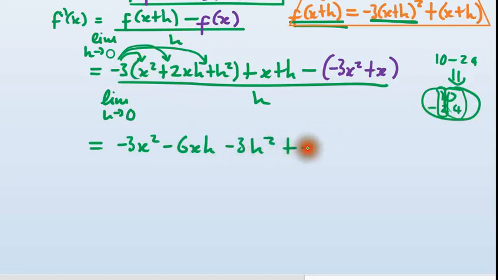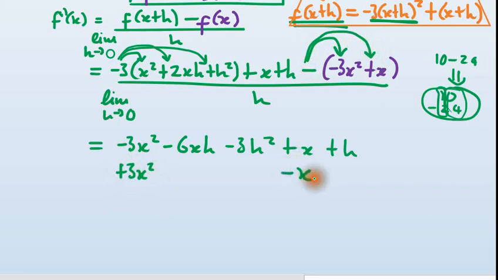plus x. Let's give it its subtraction. Then that right there becomes negative times negative. It becomes plus 3x squared, and negative times positive x becomes minus x.